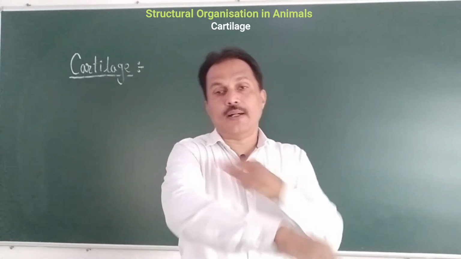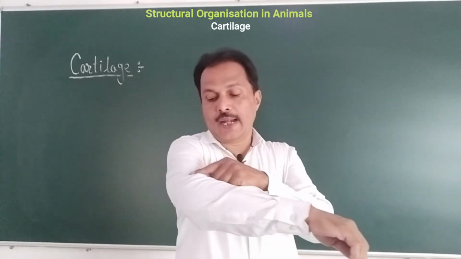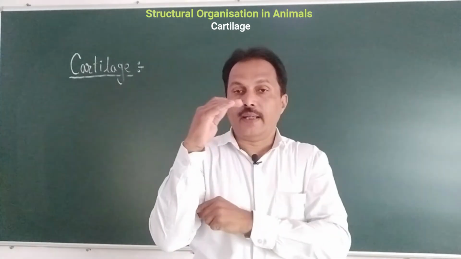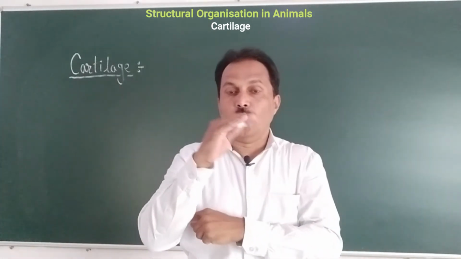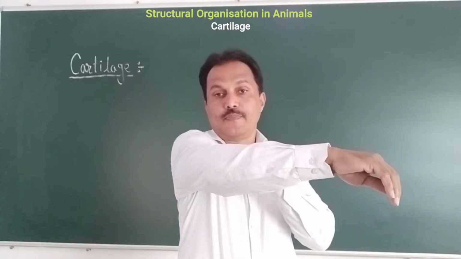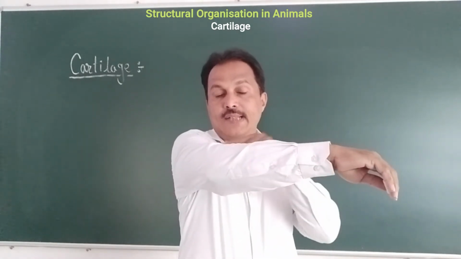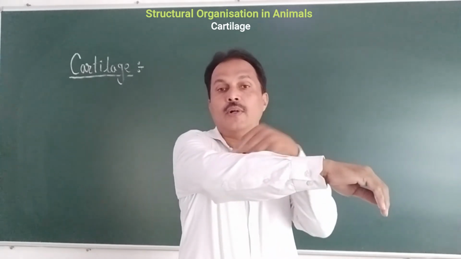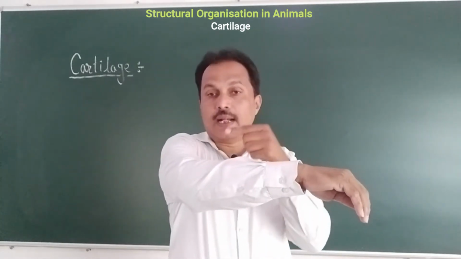If you take this particular humerus bone, at this end of the humerus bone, the tip of that bone is covered with cartilage in order to avoid the friction with another bone present at this point, the radius ulna. This end of the radius ulna is also covered with the cartilage.